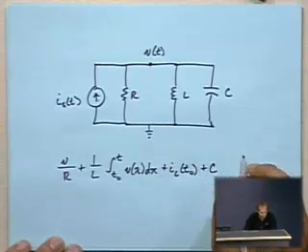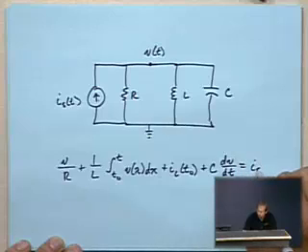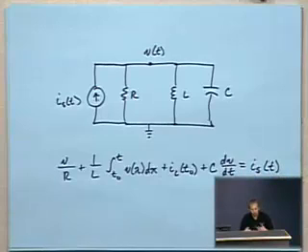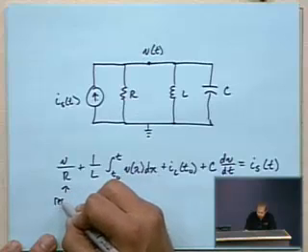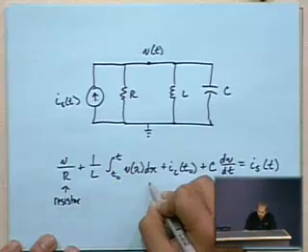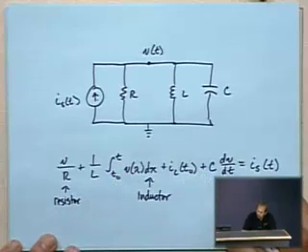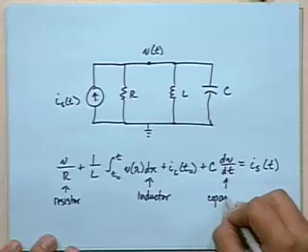Then you've got the capacitor, C times the derivative of the voltage with respect to time, and that all equals what's coming out of the source. That's just the KCL equation at this node. This is the resistor, this is the craziness for the inductor, and this is the somewhat less craziness of the capacitor.